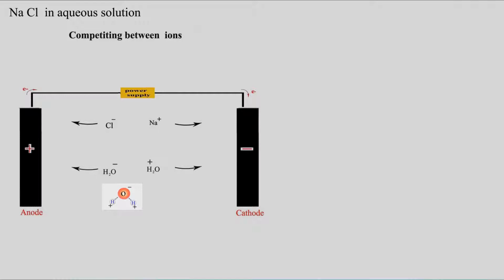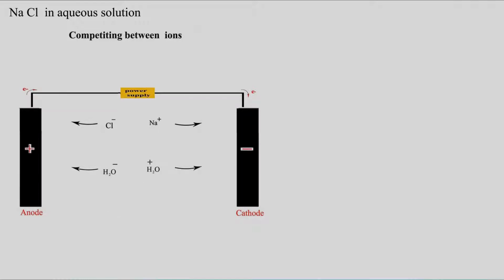You have the negative pole and the positive pole. In water, the negative side, like the O of the water, goes towards the anode. And the H+ of the water, those positive sides, go towards the negative cathode. That's why I say you can treat water like an ion.